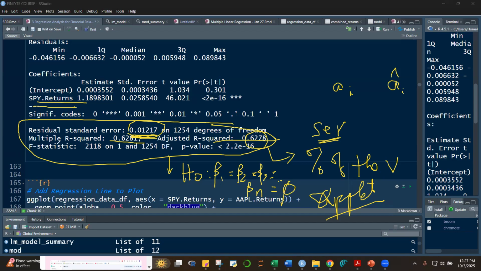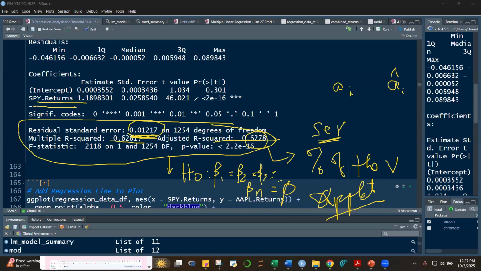So what do we mean by this? This is especially true for multiple linear regression, where you have several predictors. We're testing, as a joint test, if all of them are equal to 0.